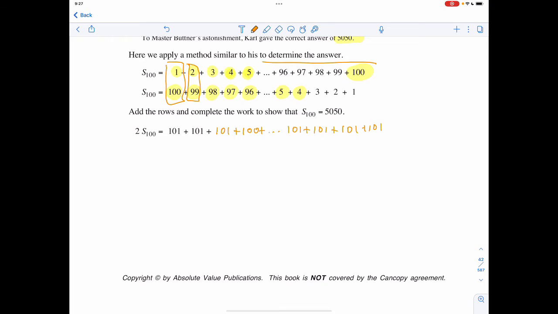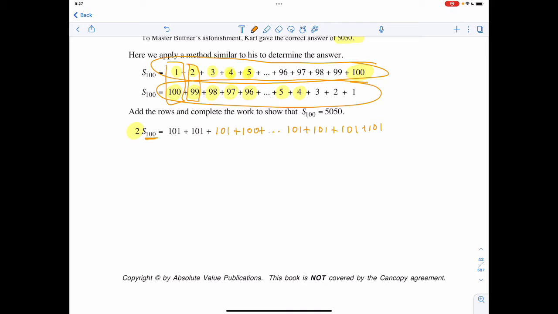Now, he took all the terms added together, and then all the terms in descending order added together, which means because he added this entire series twice, this would be double the series. He also said that there were 100 numbers in the series going from 1 to 100.